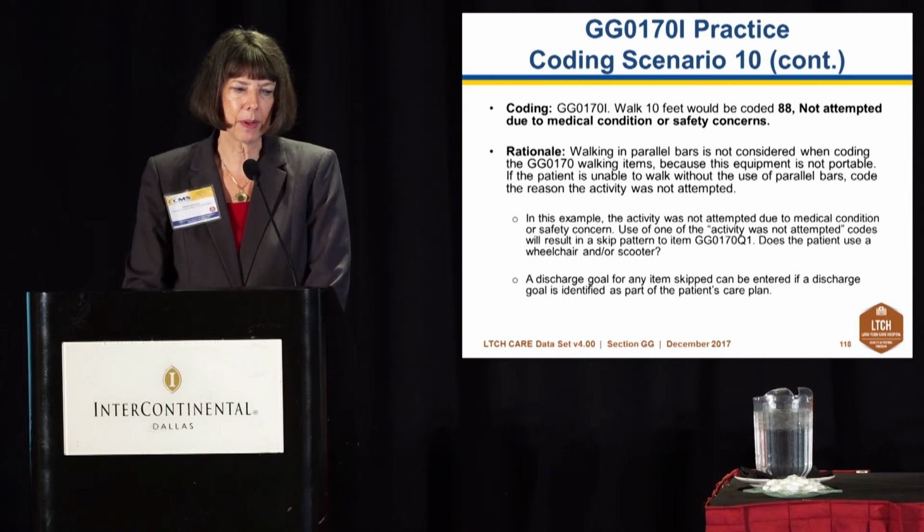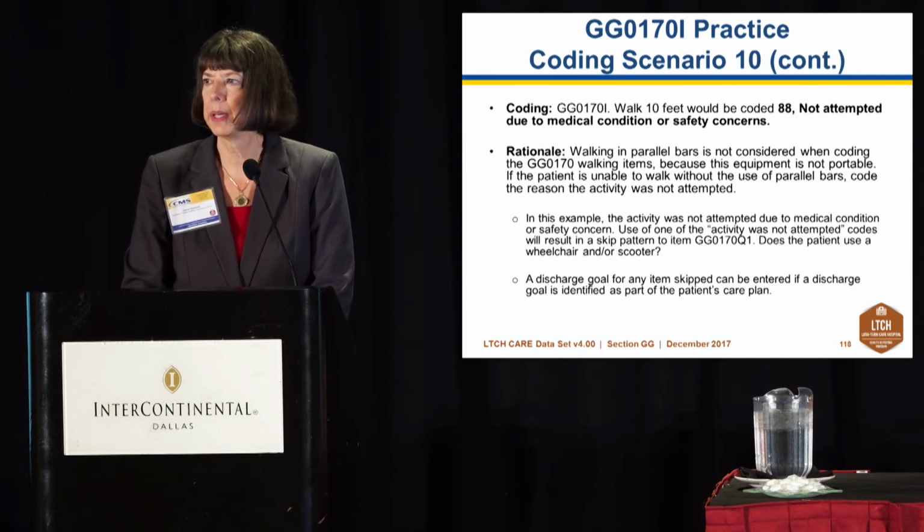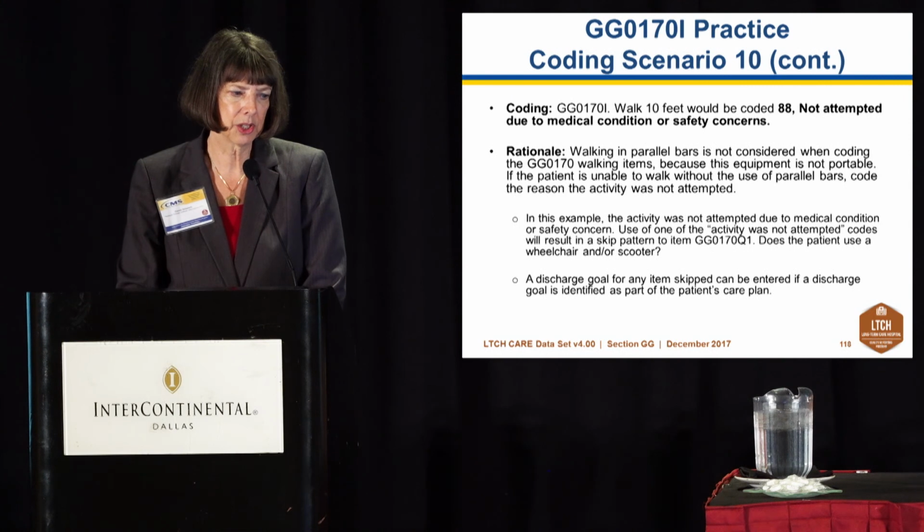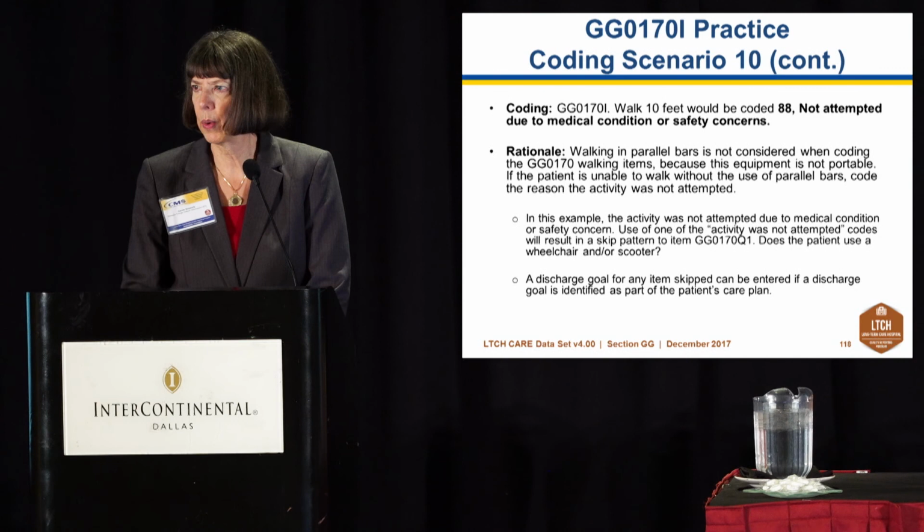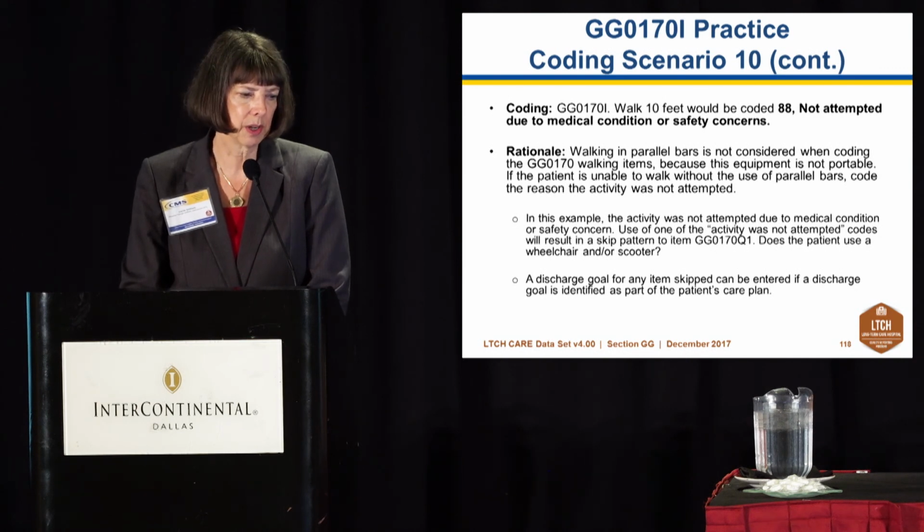In this example, the activity wasn't attempted because of medical conditions or safety concerns, and use of those activity not attempted codes will result in a skip pattern, and you'll go right to, does the patient use a wheelchair or scooter? So a discharge goal for any of these items that were skipped can be entered if a discharge goal is identified.